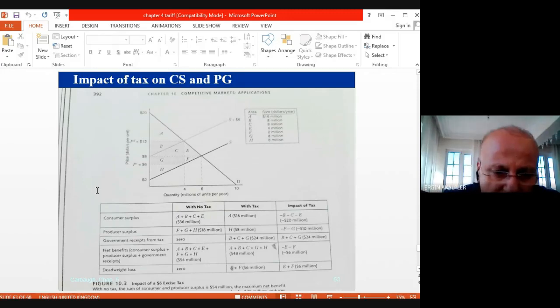B, C, G, you see, on the graphic is given consumer surplus with no tax, A, B, E, C, F, and producer surplus F, G, H, where it is 18, and the government receipt is 0 before tax.